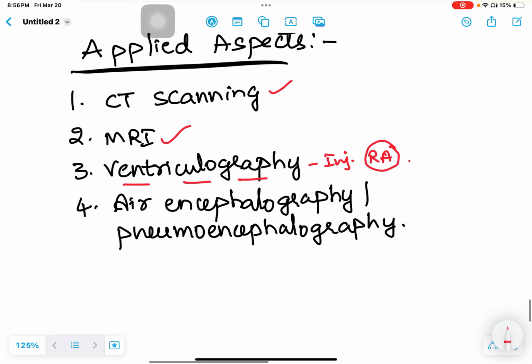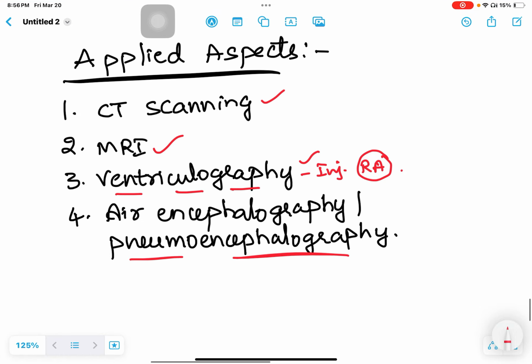Air encephalography is the oldest method, where air is introduced through lumbar puncture into the subarachnoid space and then x-rays are taken. It is also called pneumoencephalography. By all these methods you can see the lateral ventricle, and of course any other ventricle also. Thank you.